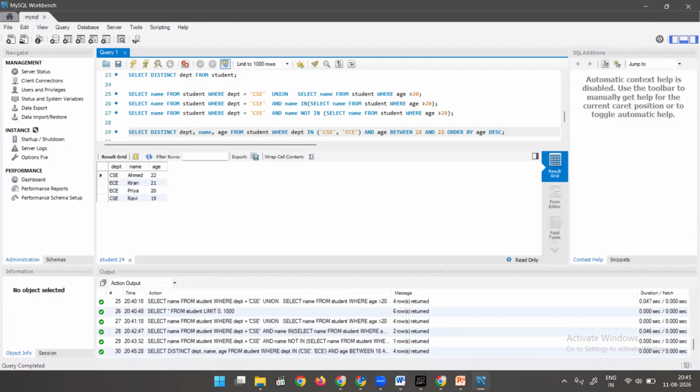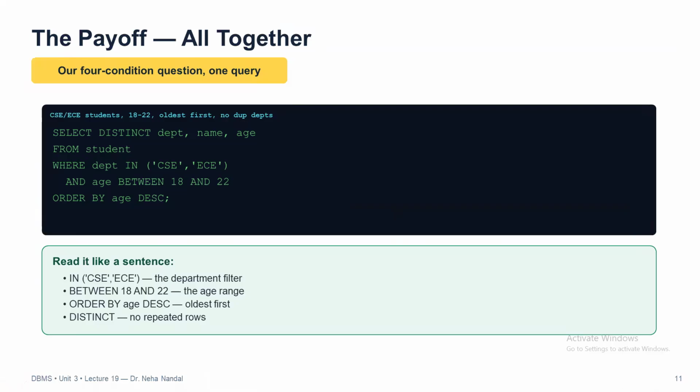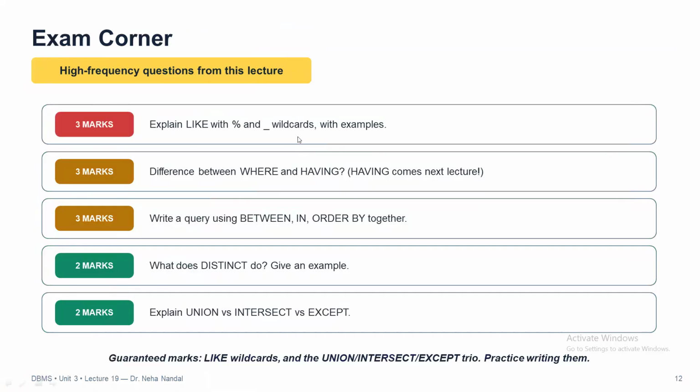Next, I wanted to discuss some questions that can be asked in exams. The like keyword with percent and some wildcards can be asked for 3 marks. They will give you 2 or 3 questions on this. The difference between where and having will come up in the next lecture.